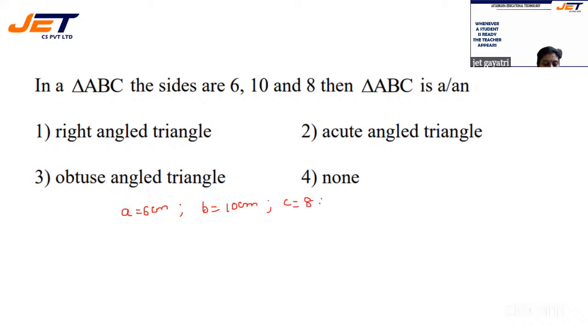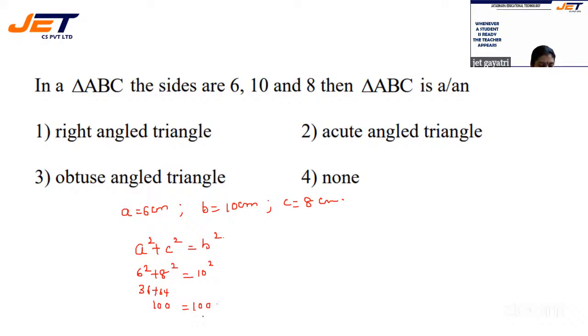C is 8. So A square plus C square should be equal to B square. Let's check. 6 square plus 8 square is equal to 10 square. Is it right? 36 plus 64. Yes, it is correct.